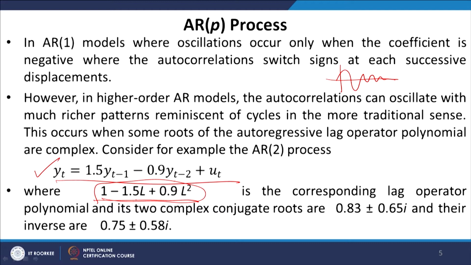This is the corresponding lag operator polynomial, and its two complex conjugate roots are 0.83 plus minus 0.65 i, and their inverses are 0.75 plus minus 0.58 i. As you remember, the condition for stability, or covariance stationarity, requires the inverses of the roots of the lag operator polynomial to lie inside the unit circle.